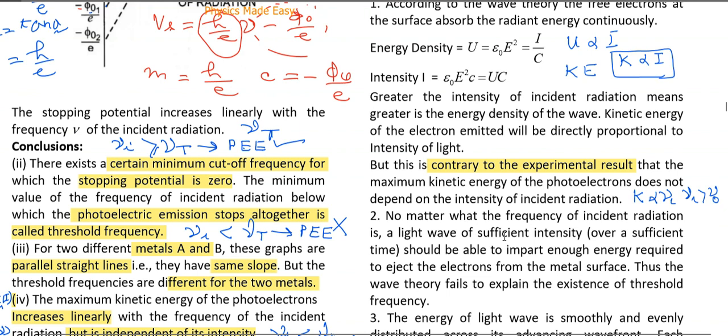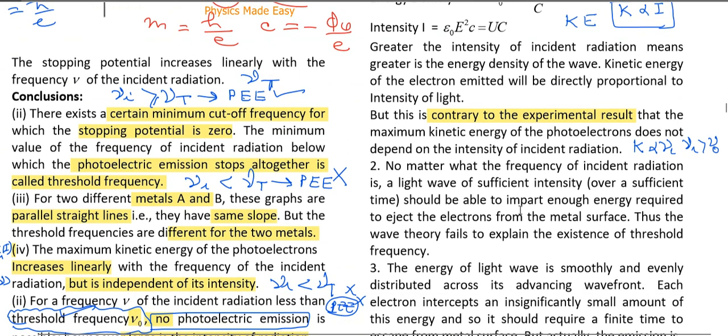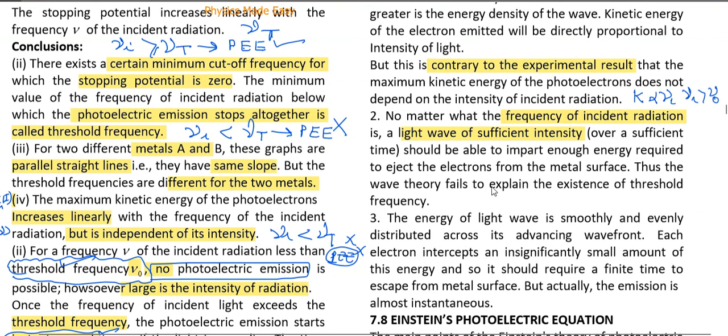Now, the second thing which classical theory fails to explain. Classical theory says that the photoelectric effect depends on the incident radiation, particularly the intensity. How?